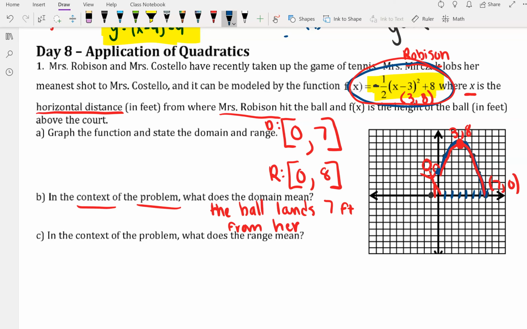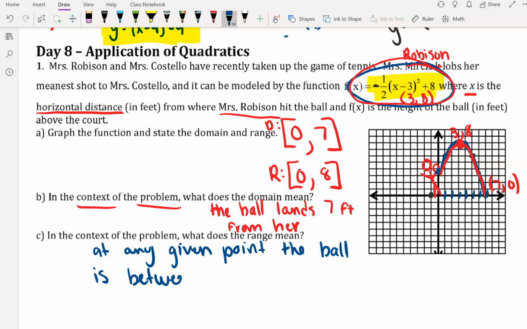So at any given point in time, the ball is between 0 and 8 feet high, is what the range means. Since range is talking about how high up and down something is, in this problem we're talking about how high up and down the ball is, or what the height of the ball is.